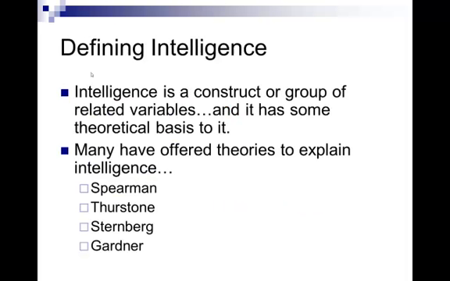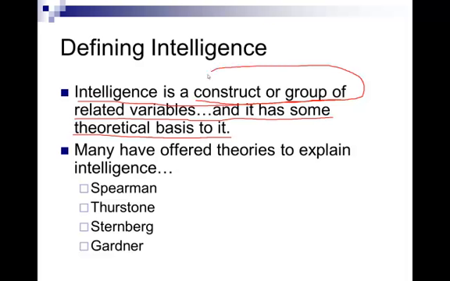So, defining intelligence. Intelligence is a construct or group of related variables, and it has some theoretical basis to it. All right. And so, from your book, you'll see that intelligence is a construct or group of related variables.